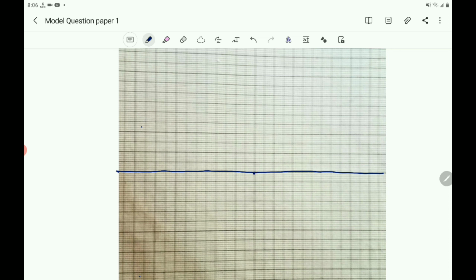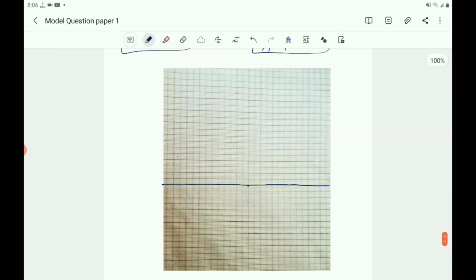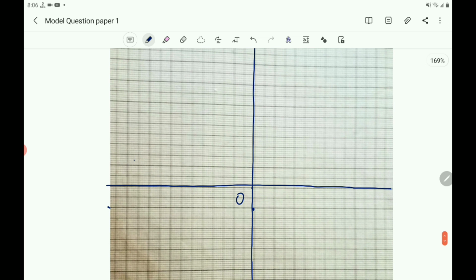So let us have here approximately the middle. Let us take a little above. Now this is the origin, and mark the point here.